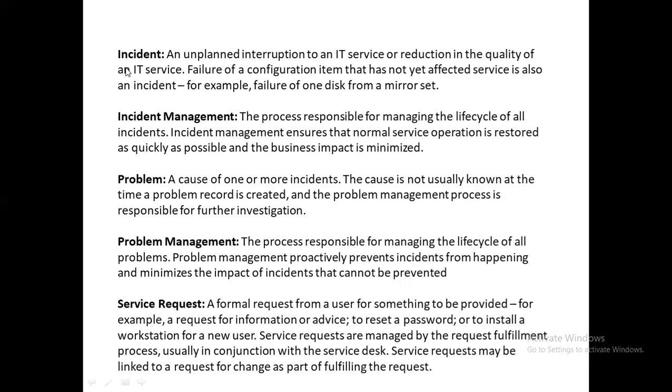Or maybe you have a load balancer and that load balancer is not working fine, so only one server is taking all the load. In that case also, you might have reduction in the quality of service. However, it may not need to be resolved immediately, but definitely there will be some reduction in quality. That is why it also needs to be termed as an incident. It also needs to be managed as an incident, maybe a lower priority one.